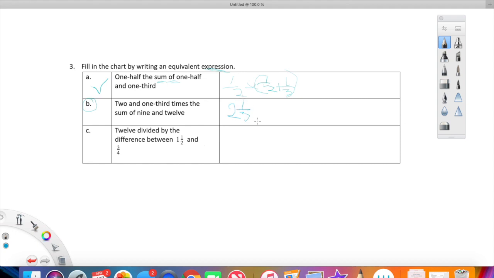Then times, and then the sum, which is add, of 9 and 12. So in parentheses, 9 plus 12. Okay, we finished that one.